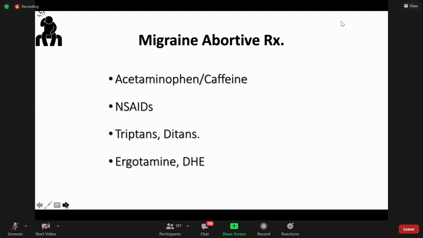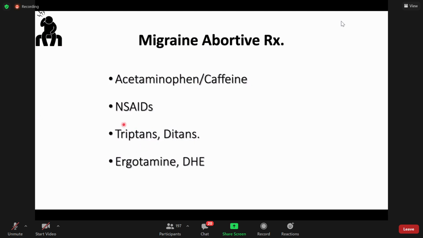Non-steroidals, such as brufen or other non-steroidals, triptans, as I mentioned, like sumatriptan. Ditans are new medications. The problem with triptans is they are less specific for the serotonin receptors that lead to pain.